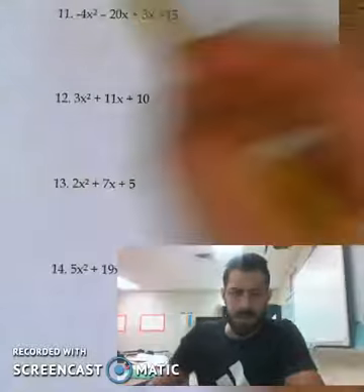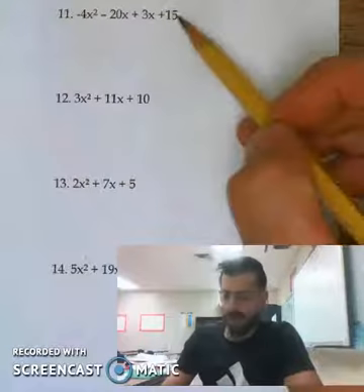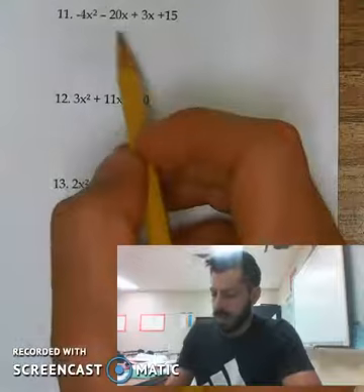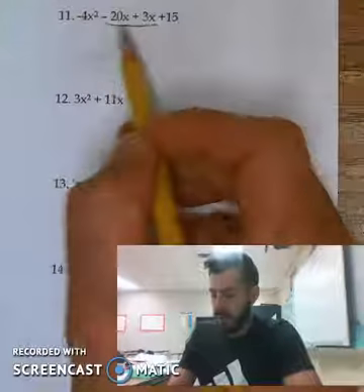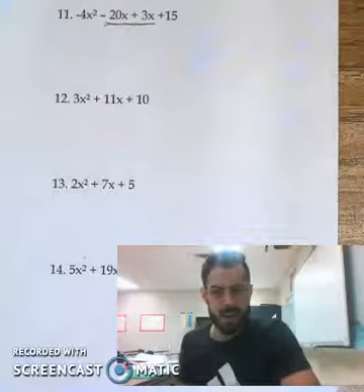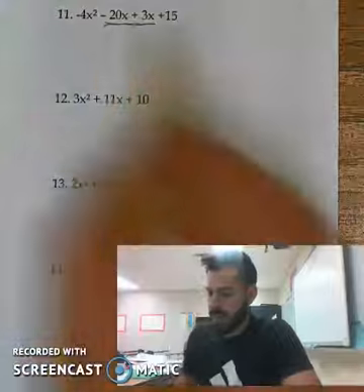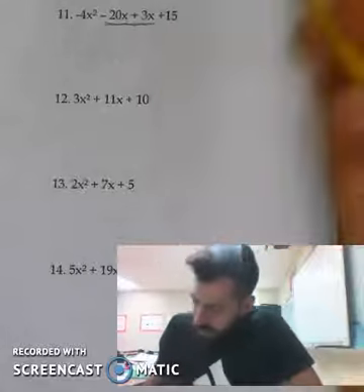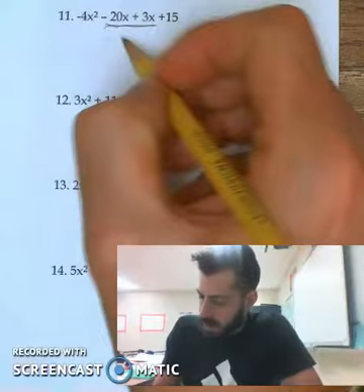But if you notice, if we had just approached this problem like any other algebra arithmetic problem, the first thing we probably would have tried to do is simplify those 2 terms. We have negative 20x plus 3x. So, I mean, we could totally sit here and be like, all right, well, what's the sum of negative 20x plus 3x?